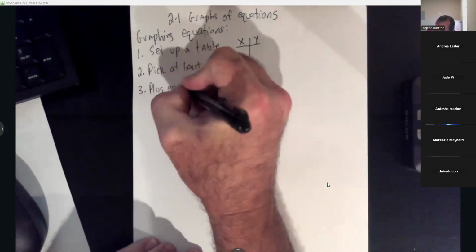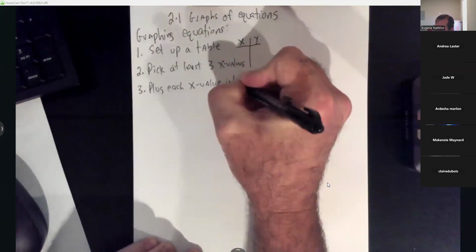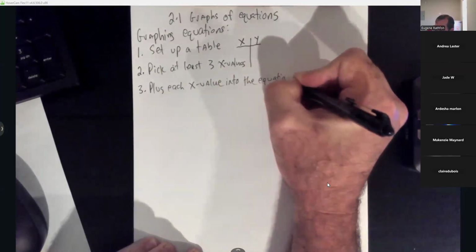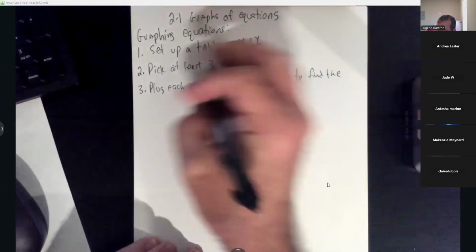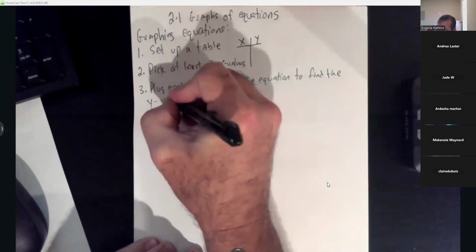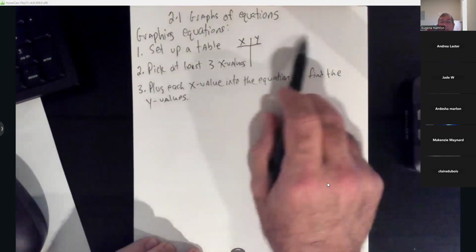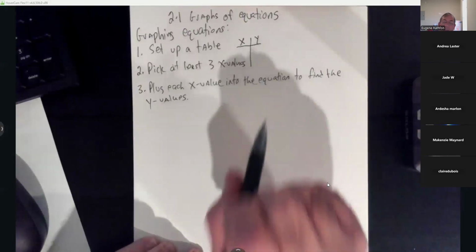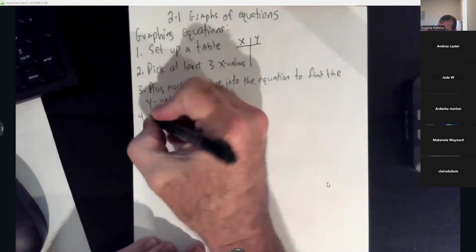So plug each x value into the equation to find the y values. Okay, so I'm going to plug each of my x's into my equation. That'll give me some y values for each x. All right, once I've done that, I can then draw the graph.